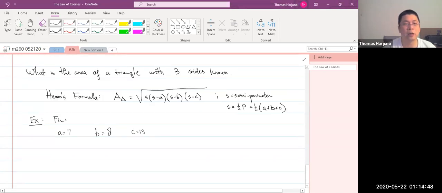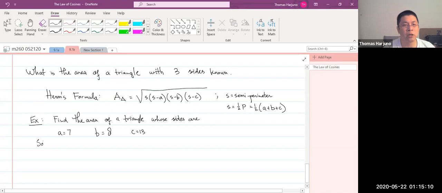Find the area of a triangle whose sides are 7, 8, and 13.